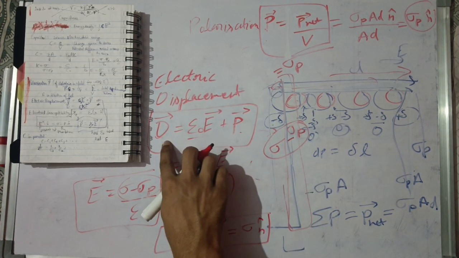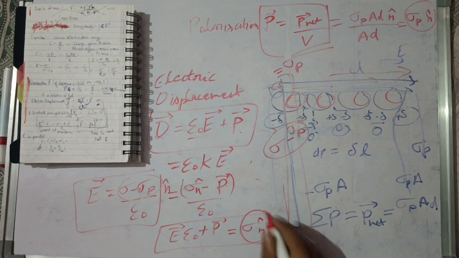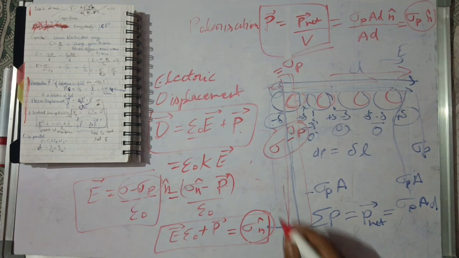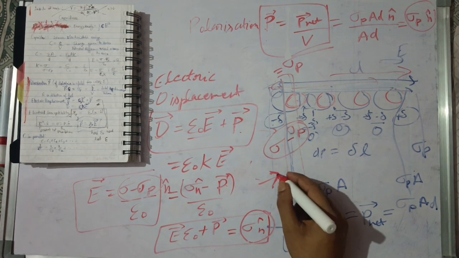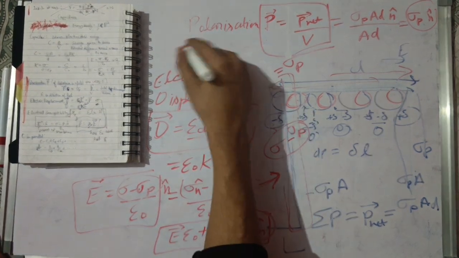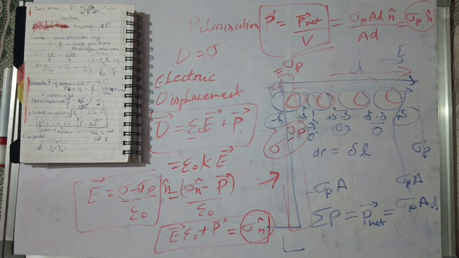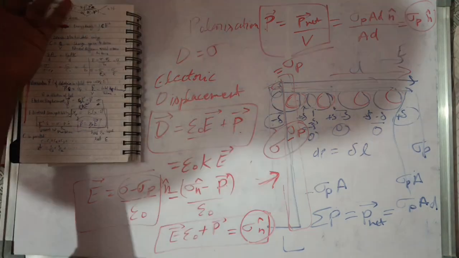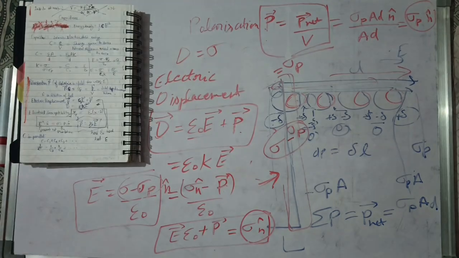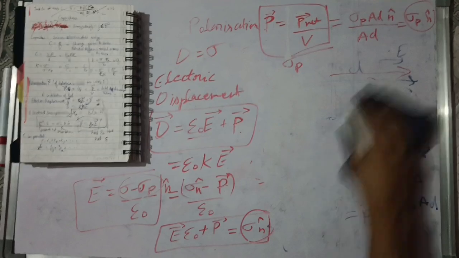This equation is equal to the electric displacement vector. This value sigma is equal to this D value. So the surface charge density of this plate can be written as the magnitude of the electric displacement, sigma.